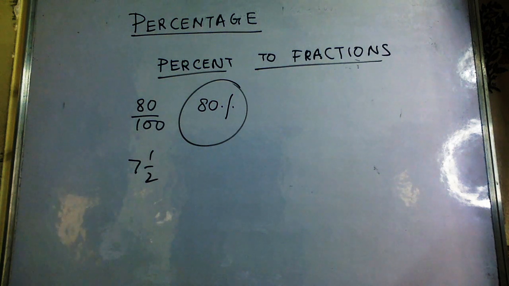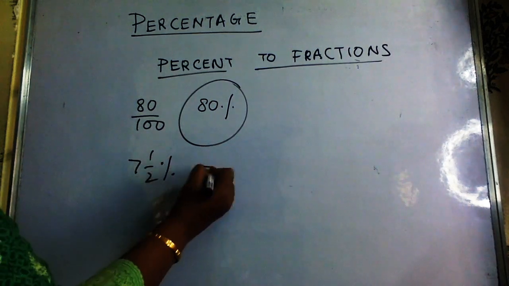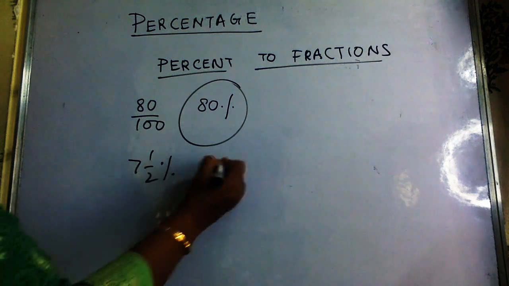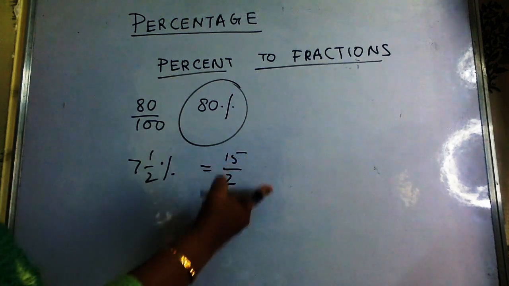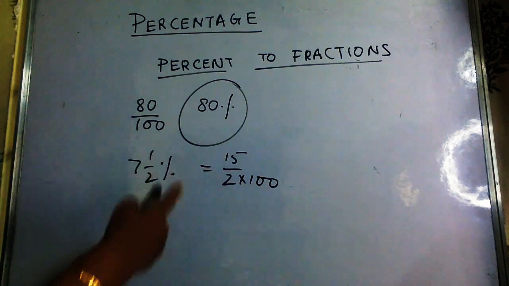If you are given a percentage, all you are supposed to do is divide it by 100. So here 7.5%, which is 15 by 2, divided by 100, means the 100 comes here. Now you simplify.